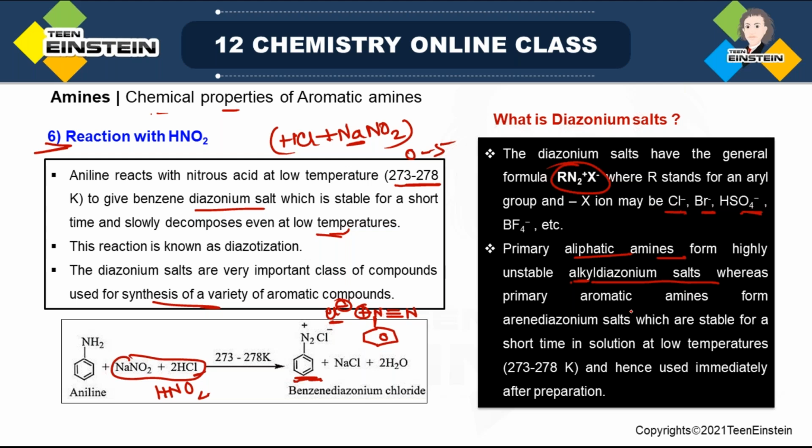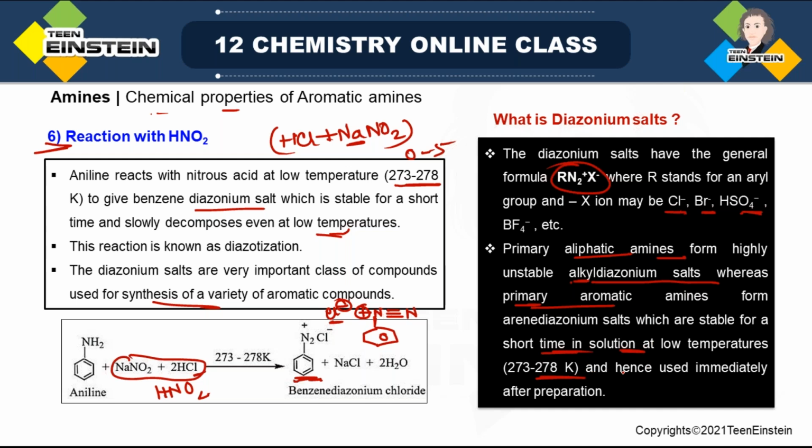If you consider the alkyl diazonium salt and the diazonium salt that you are getting from a primary aromatic amine, and compare their stability, obviously the salt that you are getting from a primary aromatic amine is comparatively more stable, but don't think it is very stable. I'm saying comparatively more stable only for a short time, and that too in solution, and also at very low temperature, 0 to 5.